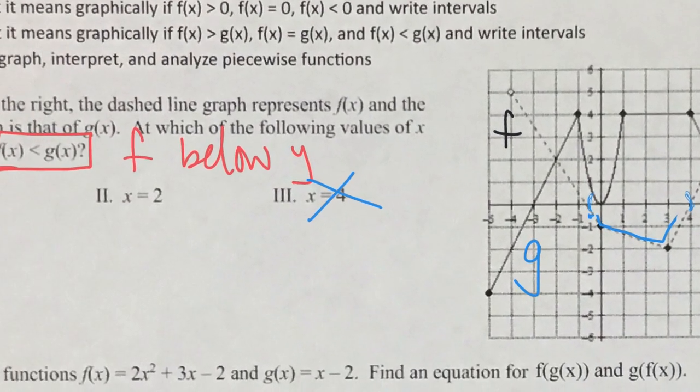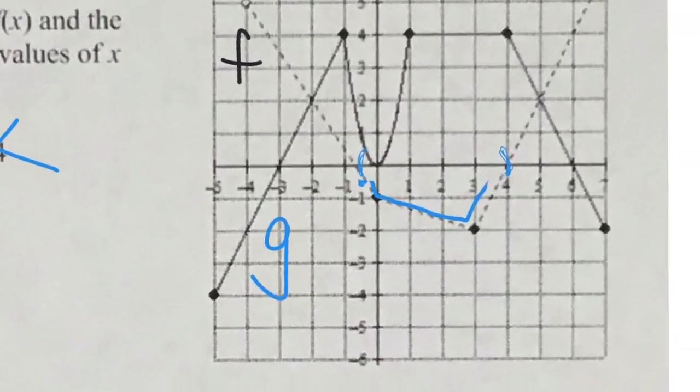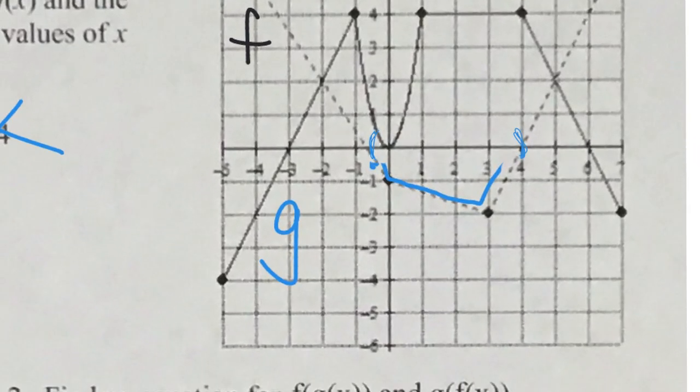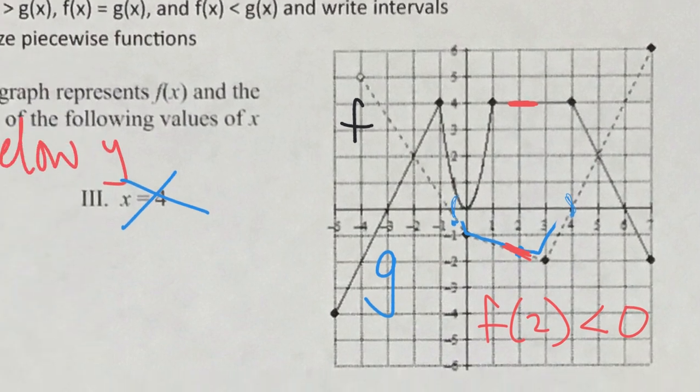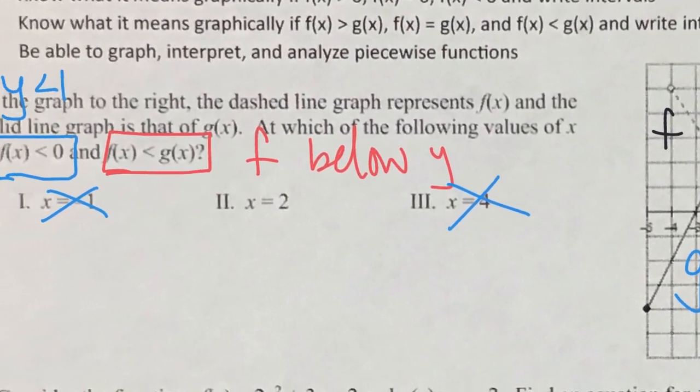So it looks like the only answer is going to be when x equals 2. So let's see, when x equals 2, sure enough, the y value is less than 0. So f at +2 is less than 0. And also at +2, the f graph is below the g graph. So both of those things are true at only +2.